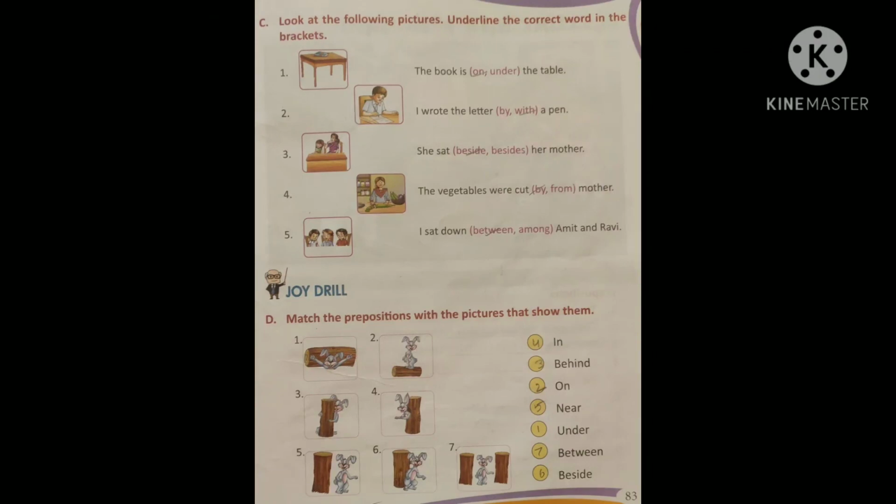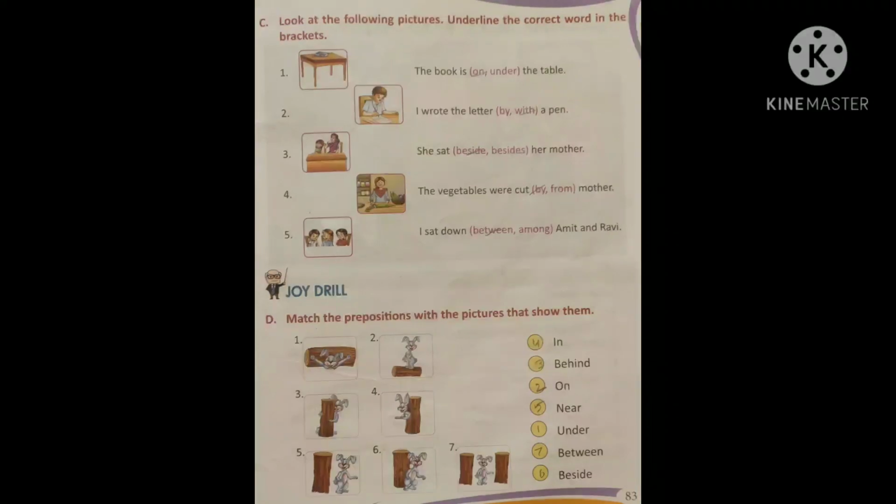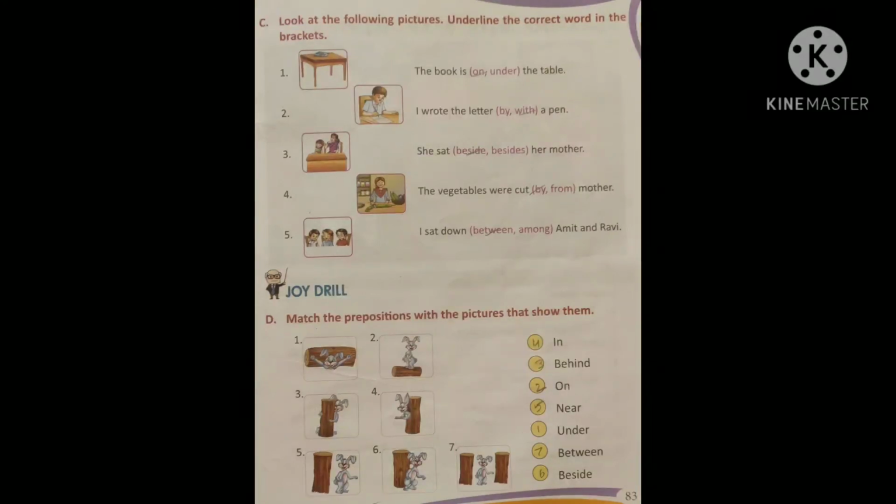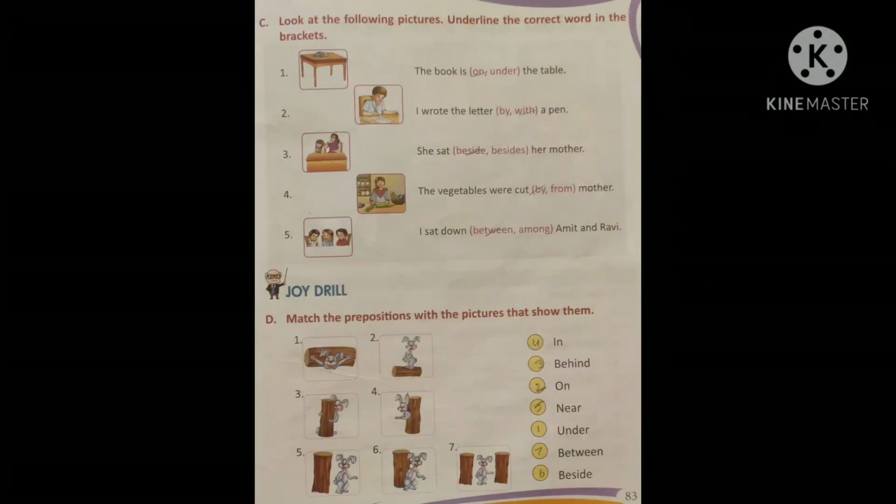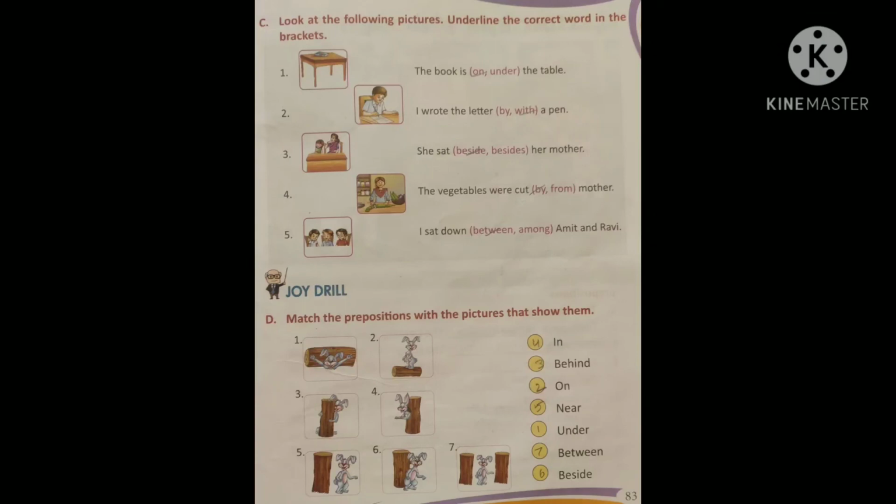Next part is C part. Look at the following pictures and underline the correct word in the bracket. First one, the book is on or under the table. Book ऊपर रखी है, that is why we will use on. Second one, I wrote the letter by a pen or with a pen. He is writing with a pen. Then next one, she sat beside or besides her mother.